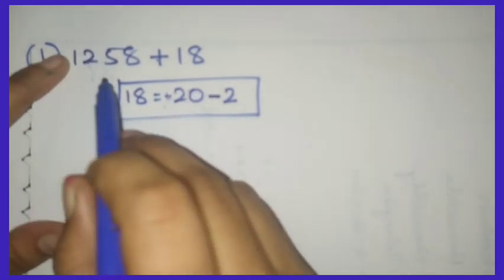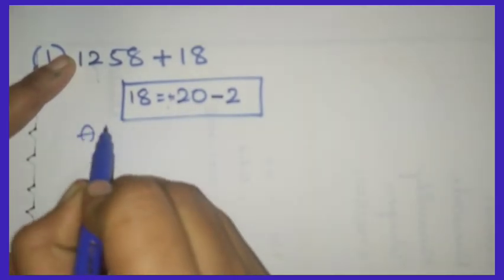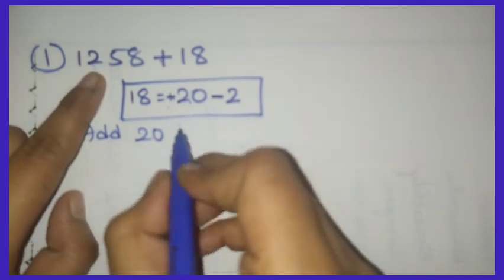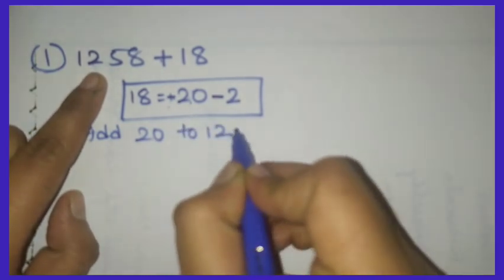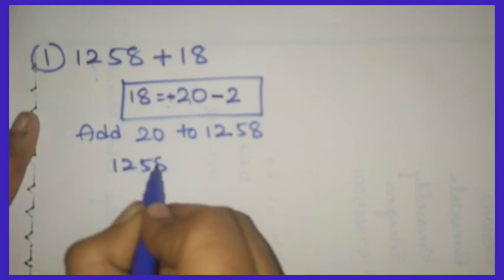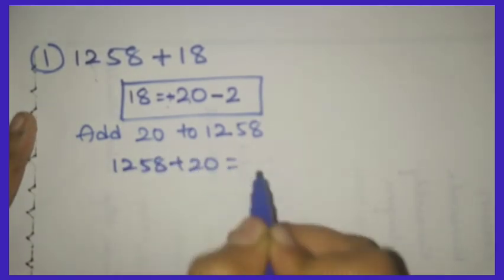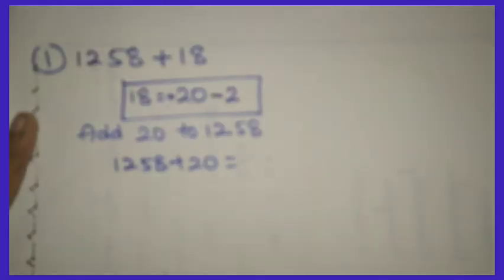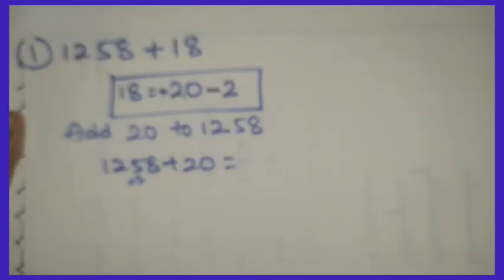First we have to add 20 to 1258. 1258 plus 20, for the tens place we have to add 2.